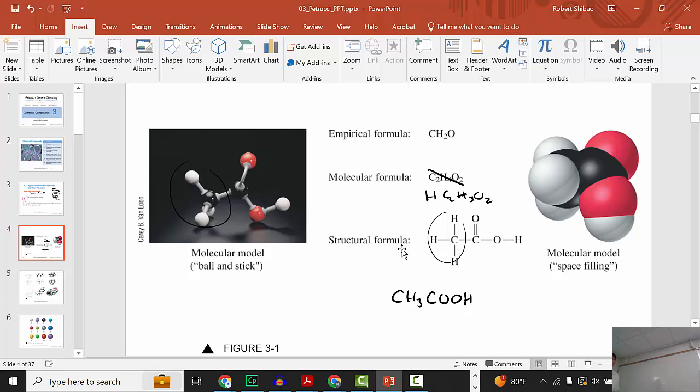And so some people will write this CH3CO2H. Now the acidic hydrogen is on the right side of the formula rather than the left side. But this is probably one of the most common ways of writing acetic acid because it retains some structural information. Now the COOH group, this is an organic molecule.